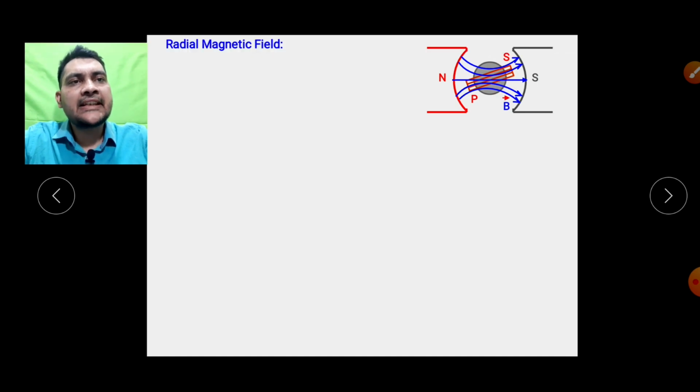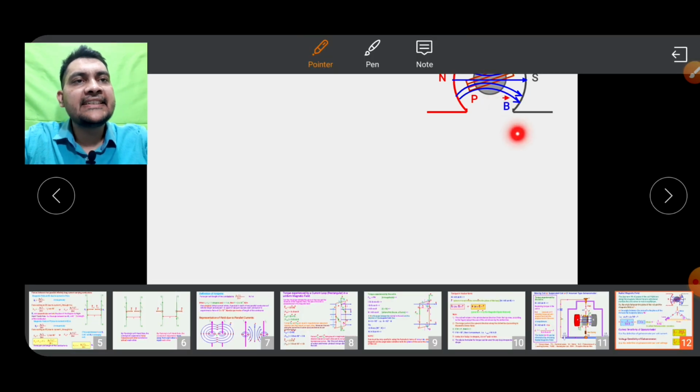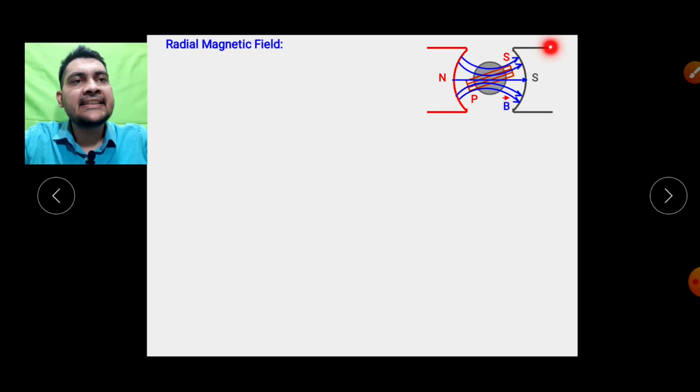Suppose in this situation the normal of the coil is in this direction, and the magnetic field is in this direction. So these two are perpendicular.